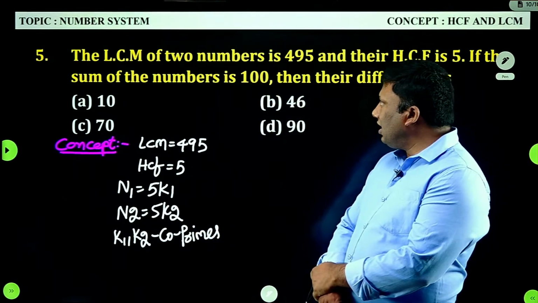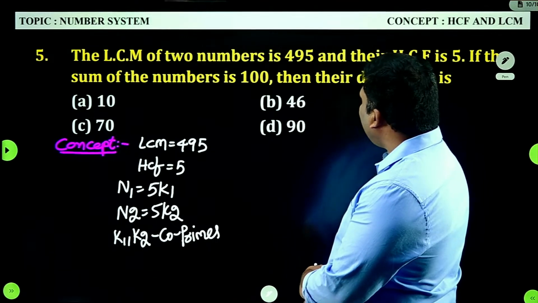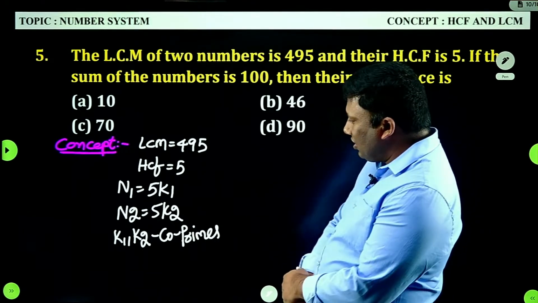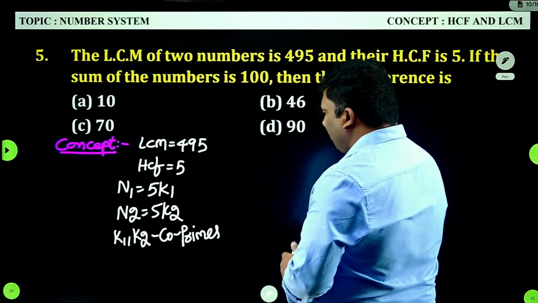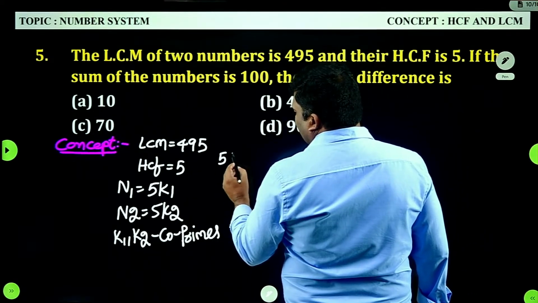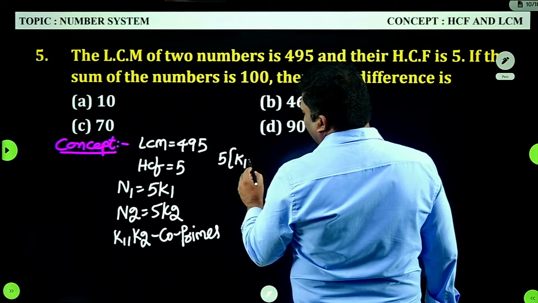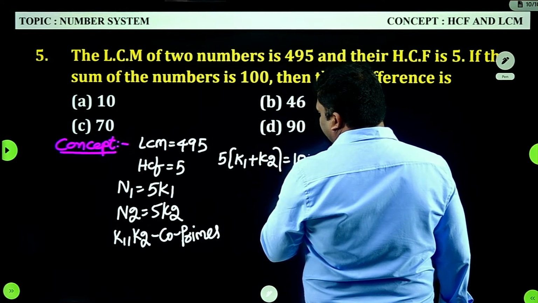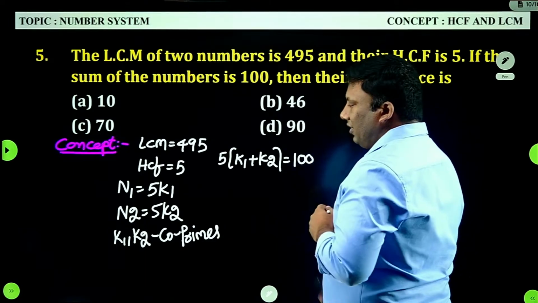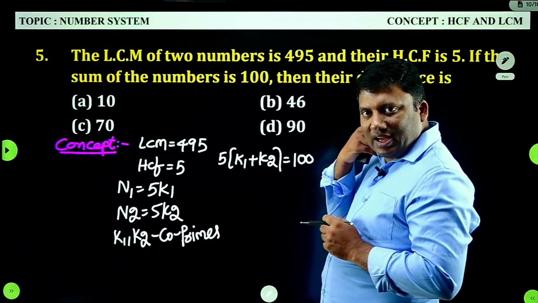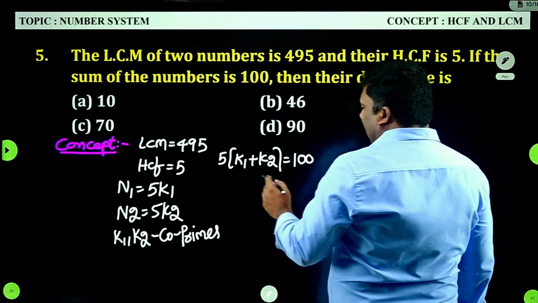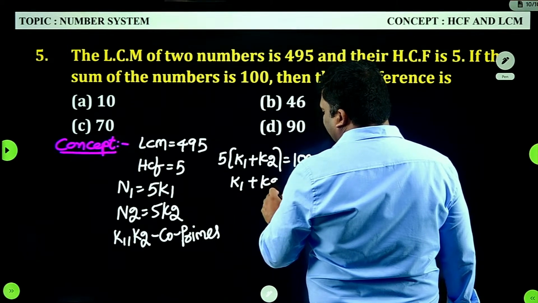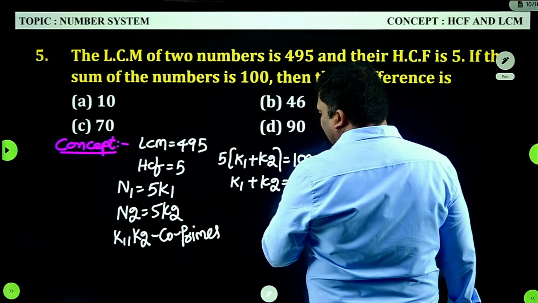LCM is given as 495. HCF is given as 5. Sum of the two numbers means N1 plus N2, 5 into K1 plus K2, it is 100. Now see here. So K1 plus K2 is 20.